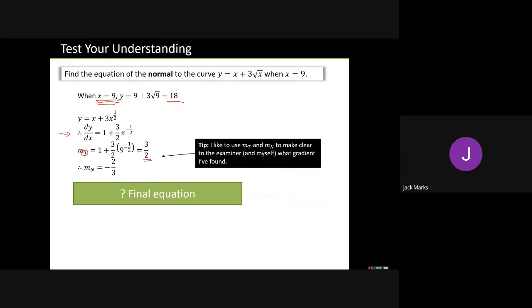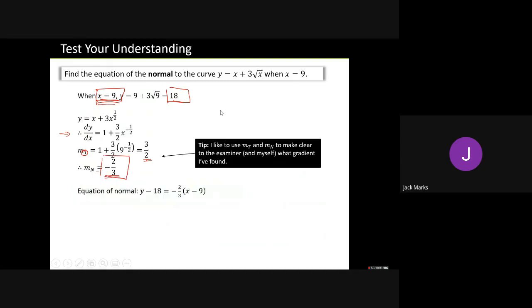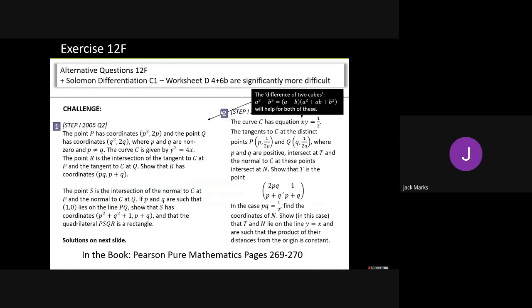That's why it's t. You can then do the negative reciprocal to find this one here. So 1, 2, 3, plug them all in to the equation. Okay, and that takes us up to part 12F.